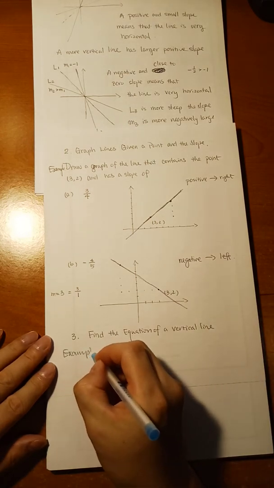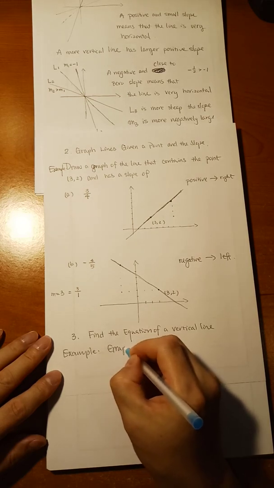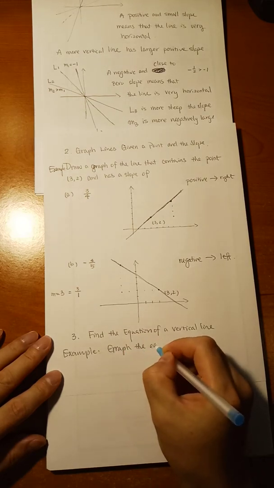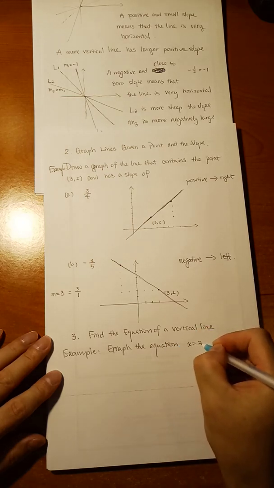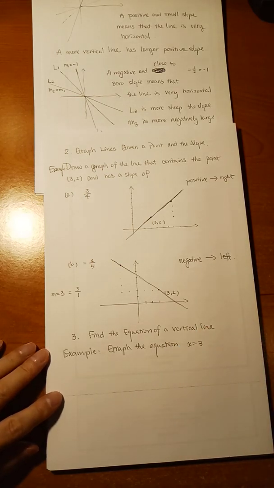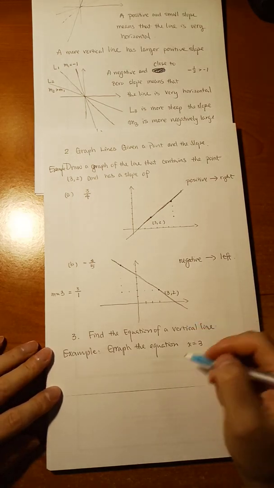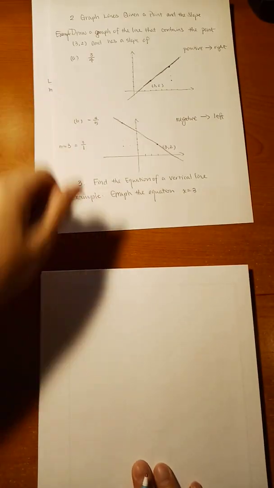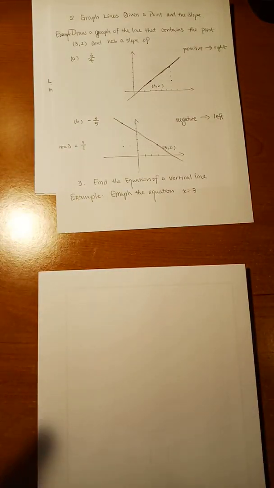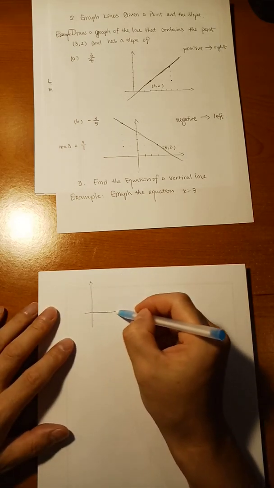We're going to always do it based on example. Graph the equation x equal to 3. To graph x equal to 3, how do you do that? Before you have any idea or the concepts or the intuition, you always just plot.